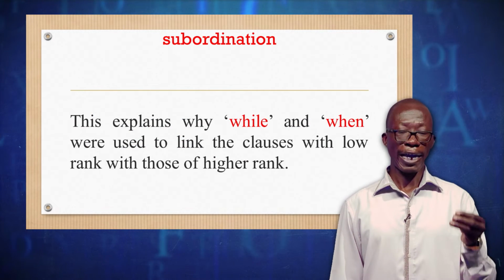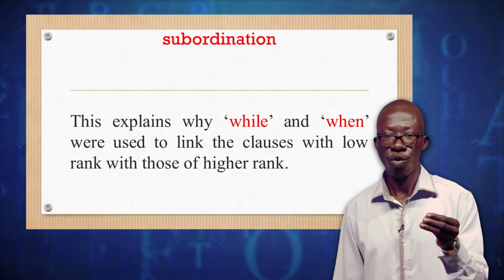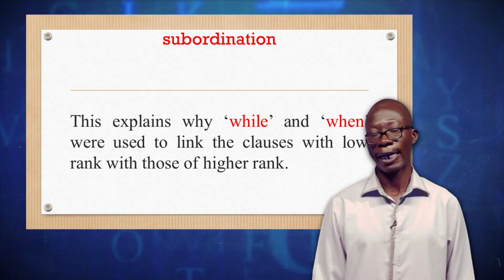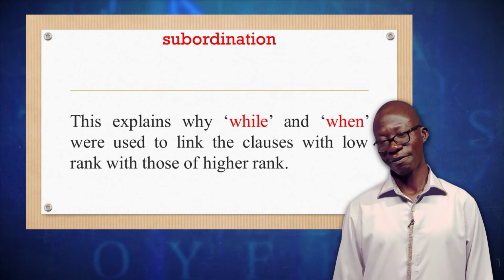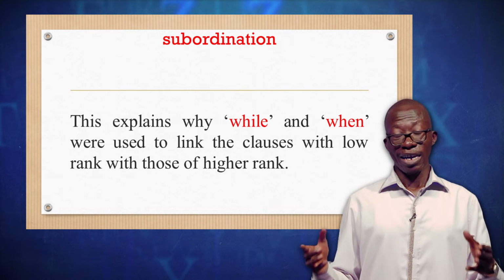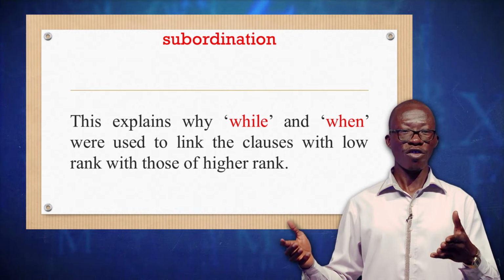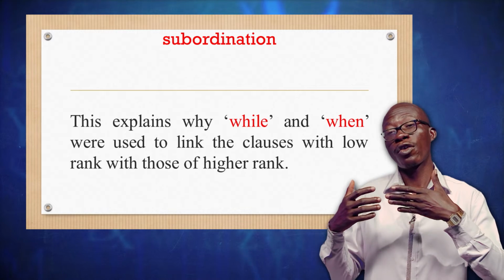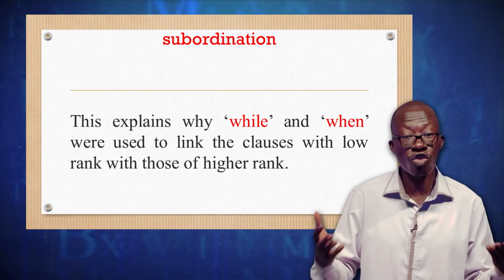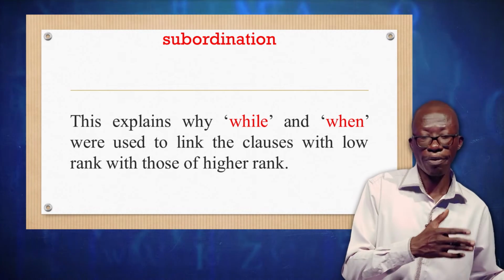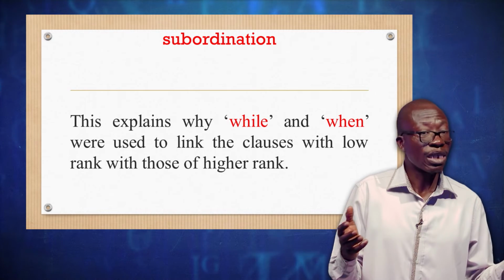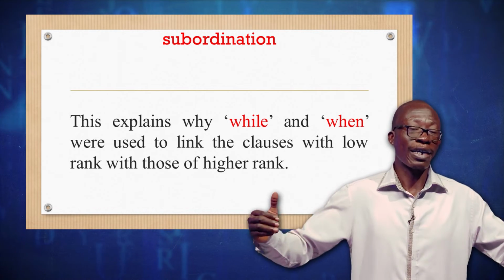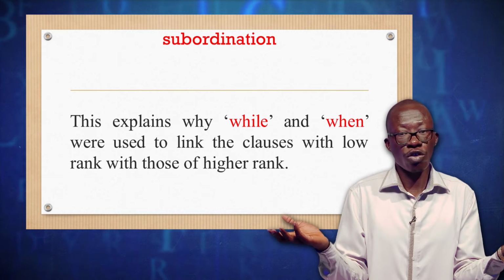This explains why while and when were used to link the clauses with low rank with those of a higher rank. What we are saying is that since we have a subordinate clause, and the meaning of subordination is that it doesn't have complete meaning on its own, it has to depend on another. It therefore means that the speaker doesn't give equal importance, equal rank to the two clauses.